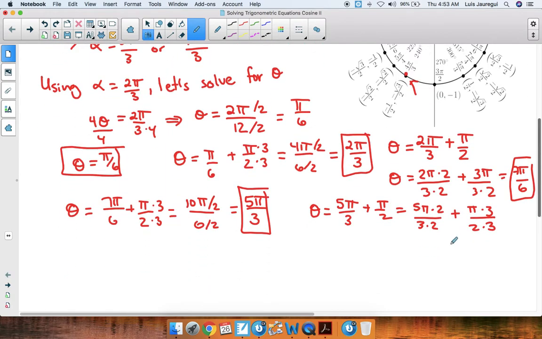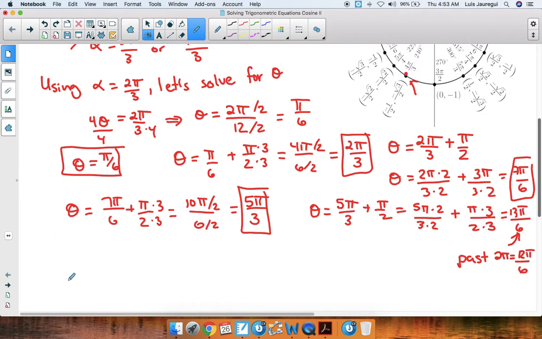And notice that you get 5 times 2 is 10, plus 3 gives you 13 pi over 6. However, notice that this one is already past the 2 pi, which is equal to 12 pi over 6. So we're not going to include it.